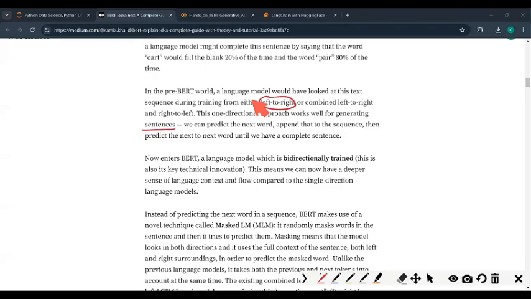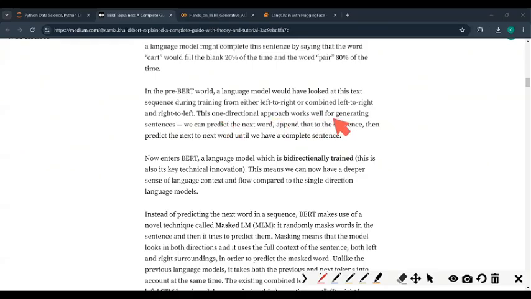The combined part was very rare. Very few language models before BERT could do both directions. Only the transformer could look at a statement from left to right and right to left. Apart from that, RNNs and LSTMs only work in a unidirectional method. So many language models before BERT worked on a one directional approach.